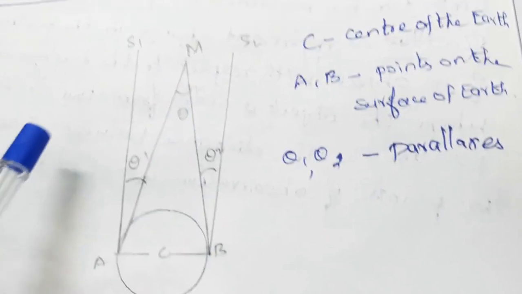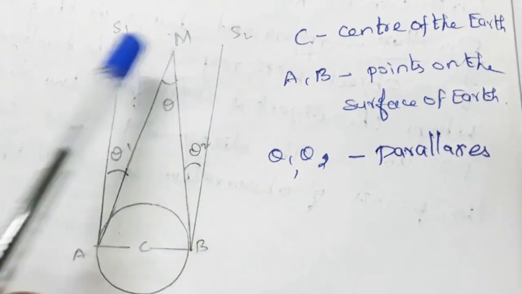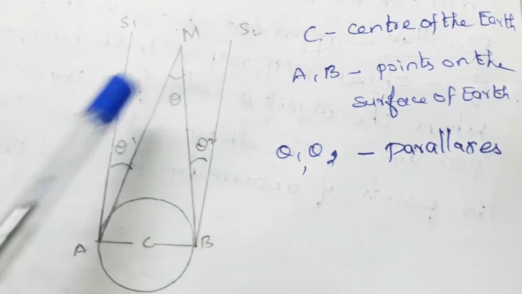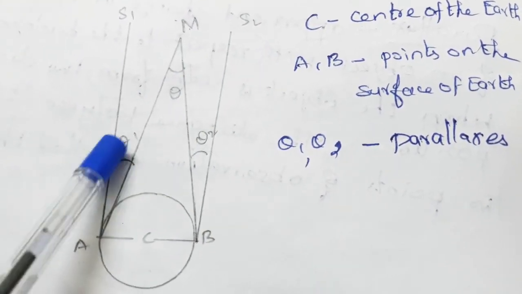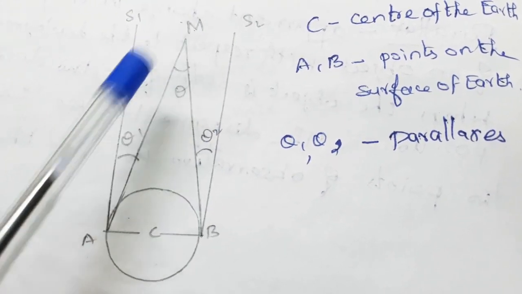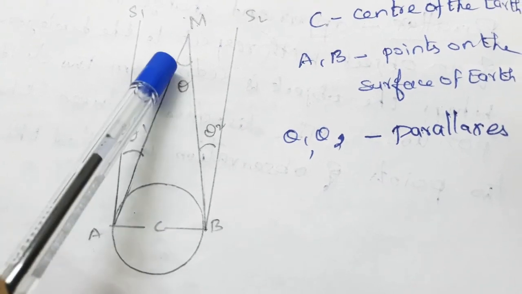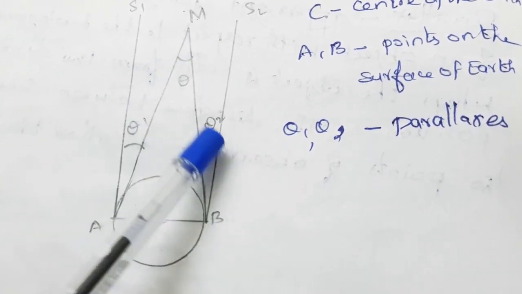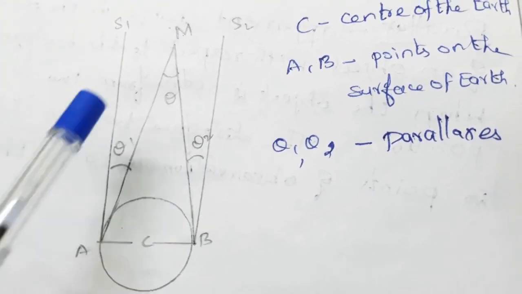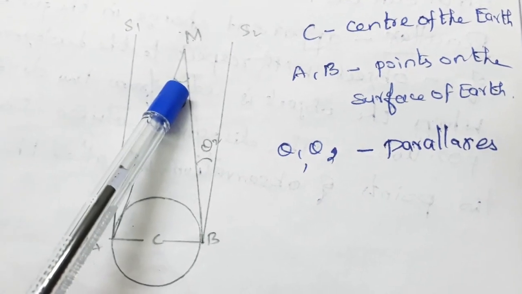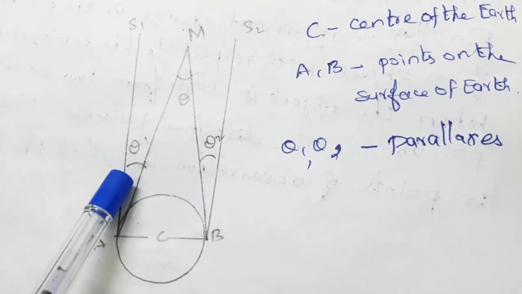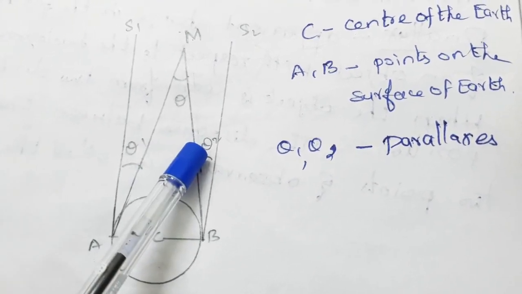How do we calculate this angle? By using an astronomical telescope, we consider two reference stars. These stars are subtended from the earth as theta 1 and theta 2. So the angle theta subtended by the moon on the earth is theta 1 plus theta 2. Theta 1 and theta 2 are parallaxes. The total parallax of the moon, angle AMB, is theta 1 plus theta 2 equal to theta.